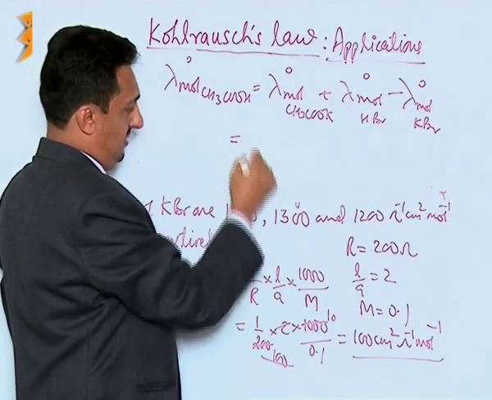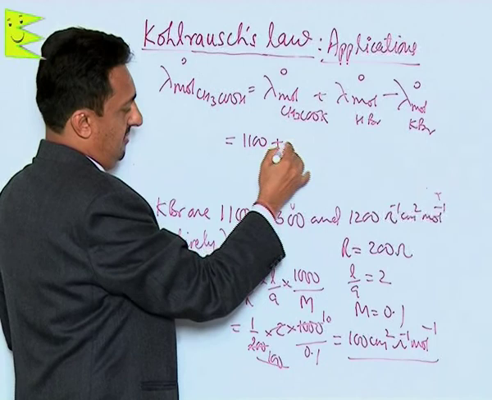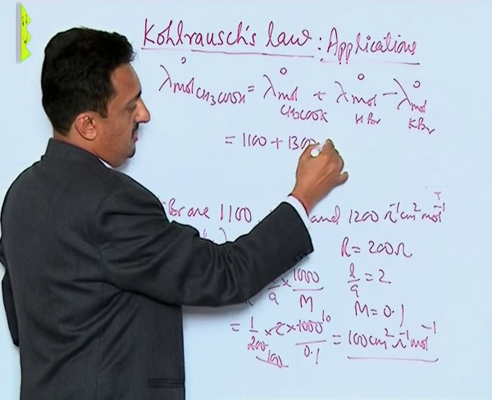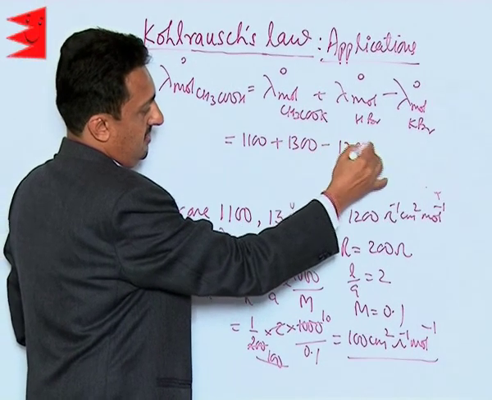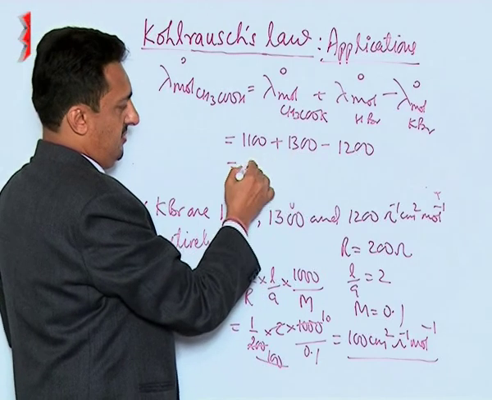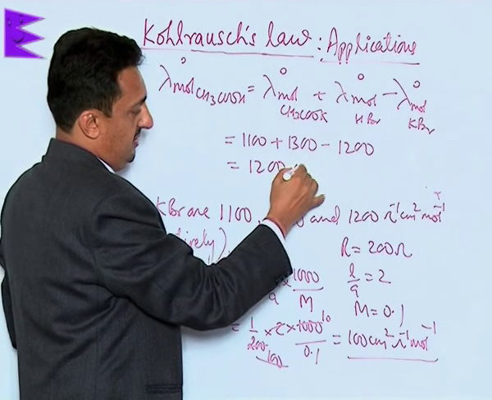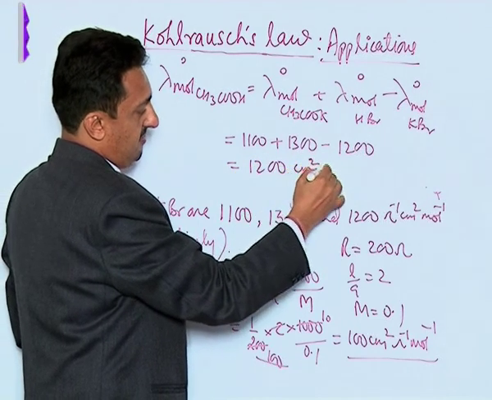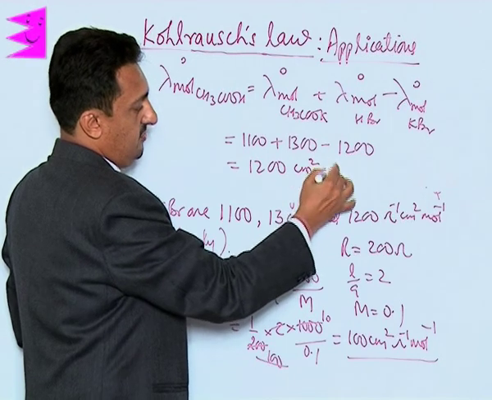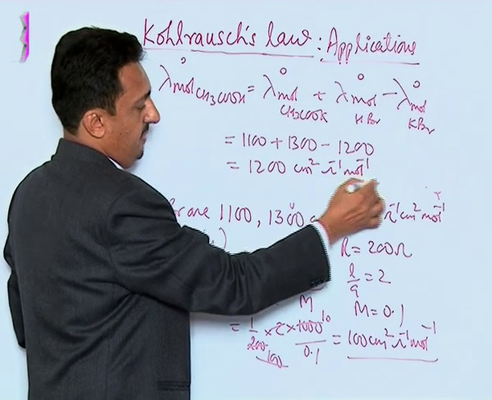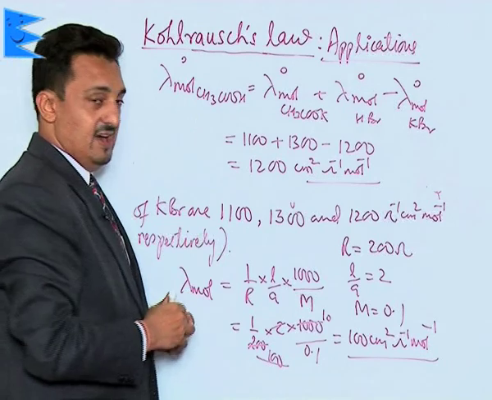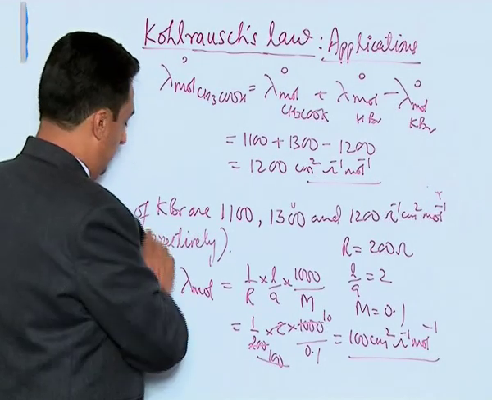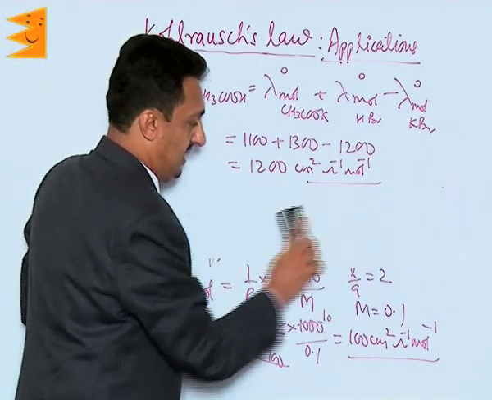So, it will be 1100 plus 1300 minus 1200. So, it will be actually 1200 centimeter square ohms inverse per mole. So, this is lambda naught, the limiting molar conductivity.